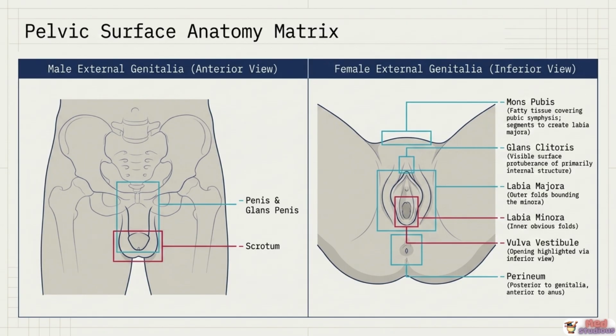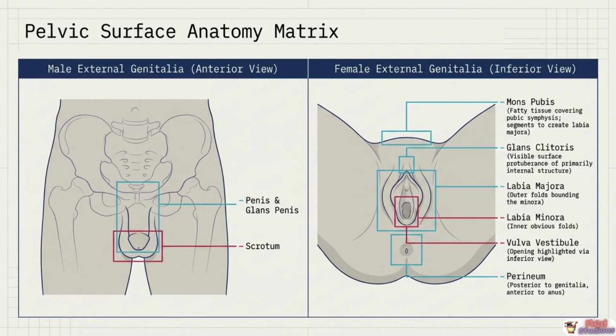In the male external genitalia, from the anterior view, the primary visible structures are the penis and glans penis, the cylindrical shaft terminating in the rounded glans, and the scrotum, the rugated cutaneous sac inferior to the penis housing the testes. The scrotum is examined by inspection for asymmetry and palpation for testicular masses, varicoceles, and hydroceles.